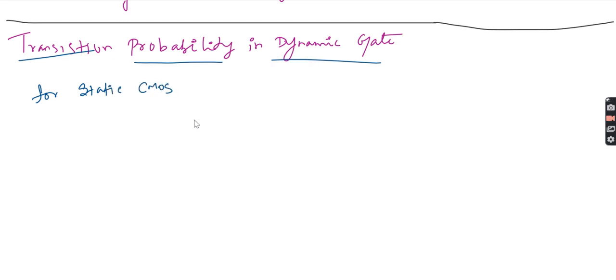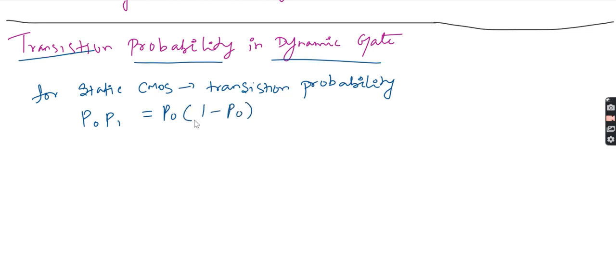For static CMOS, the transition probability P0 to 1 is equal to P0 into 1 minus P0.